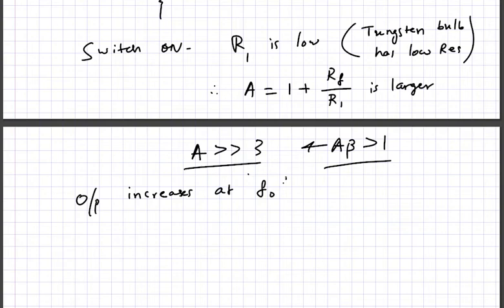You hear a loud noise. It's basically made up of many frequencies and it's all amplified. But here the output increases at f naught, so only that frequency is amplified.